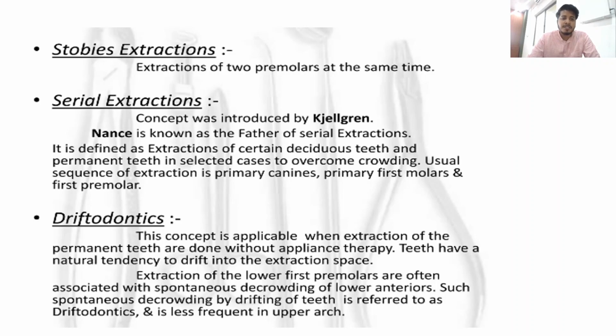The next concept is serial extraction. In serial extractions, you are basically extracting some deciduous teeth and some permanent teeth, especially the first premolar, in selected cases to overcome the crowding. So you are anticipating the crowding to happen.